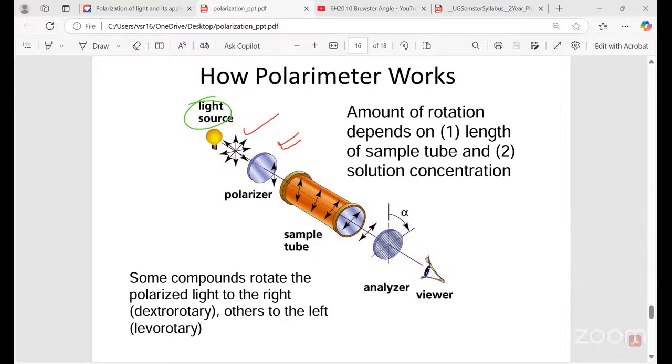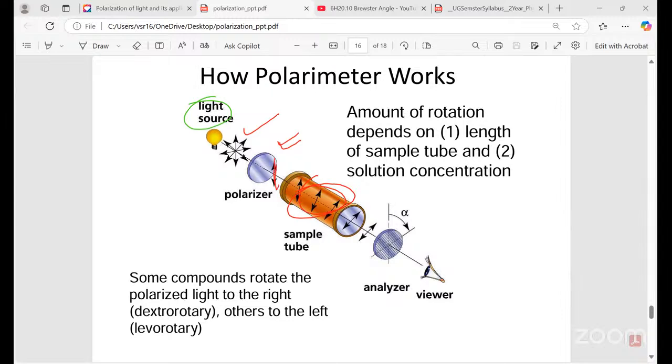Then it passes through a sample tube. In the sample tube, we take a sugar solution with different concentrations. We have considered and chosen the solution in this. So this is vertical.